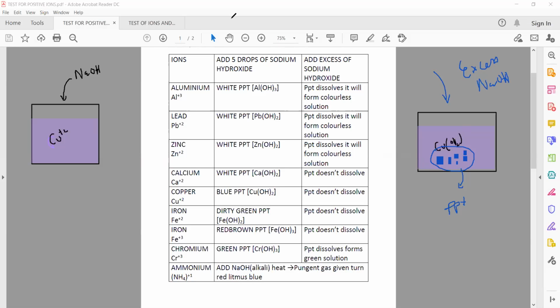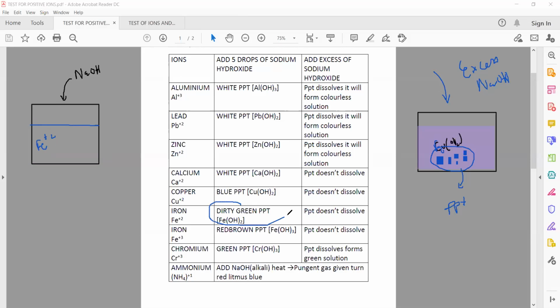In the same way, if a solution contains iron 2 and you add sodium hydroxide, what is the result? It will result in the formation of iron 2 hydroxide.